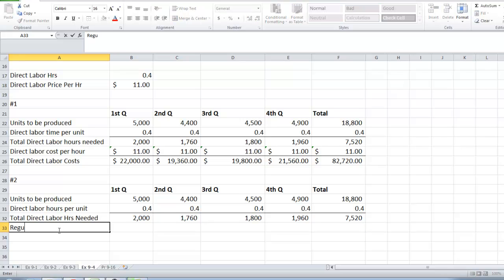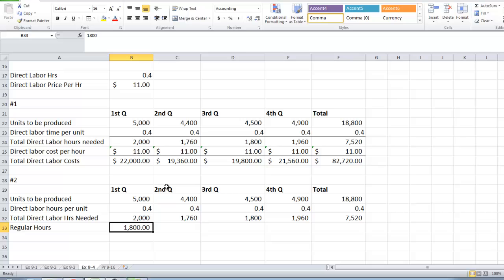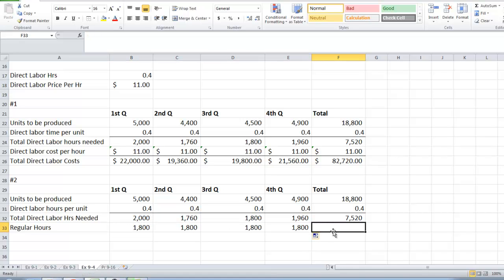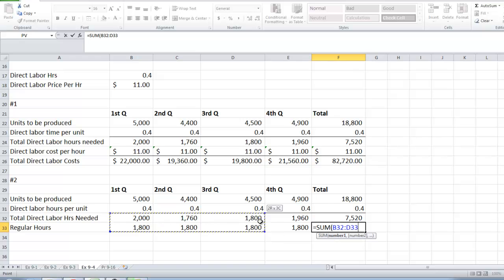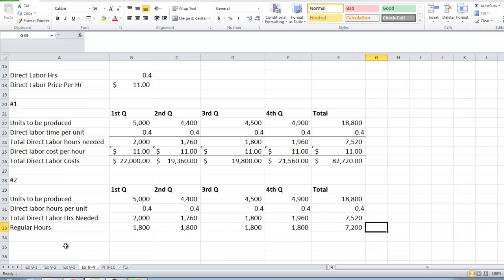Now, we have regular hours. They said that the regular hours are 1,800. So I'm literally going to just type that in and drag it across. And the required for the year would be the sum of this 1,800.